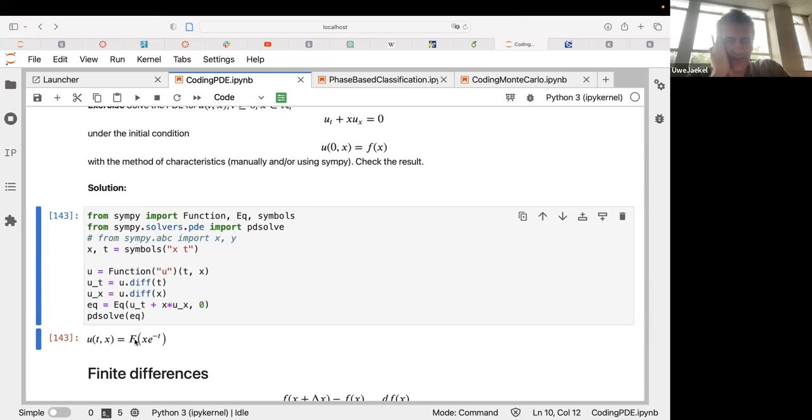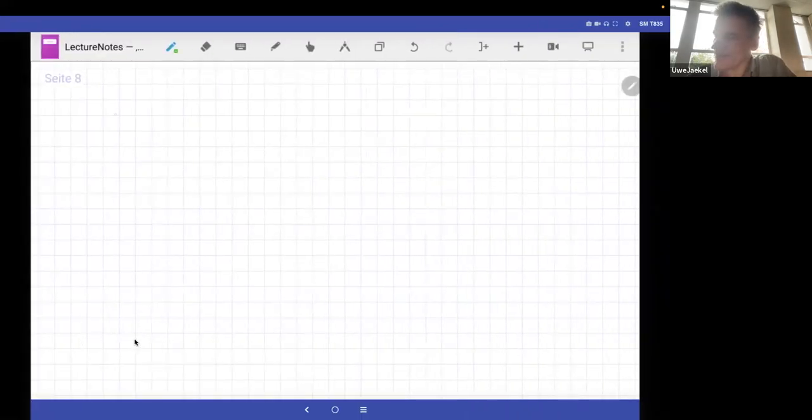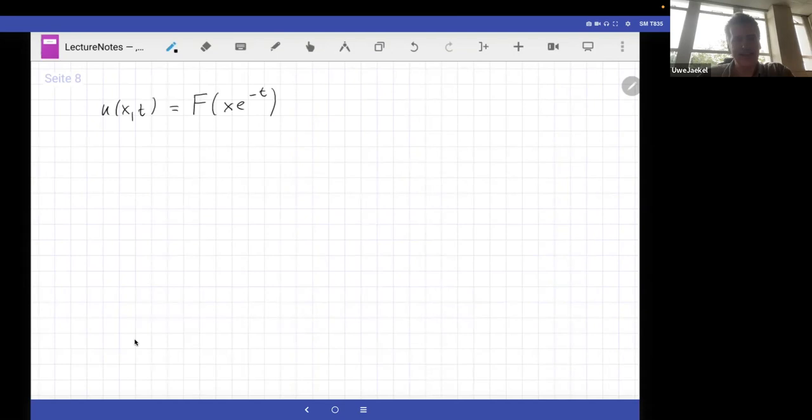Python tells us that u(x, t) equals F of x e to the minus t.